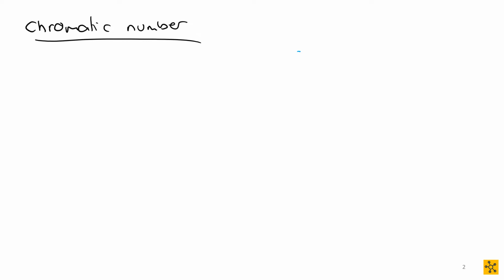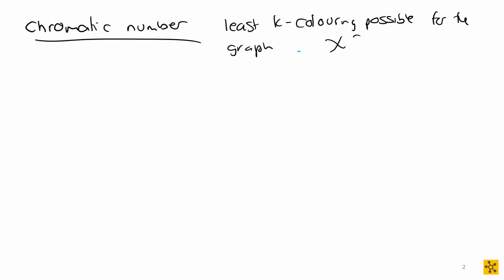So the chromatic number is the least K coloring possible for the graph. Okay, and we're going to refer to it as chi or gamma, but most of the time I'll refer to it as chi.